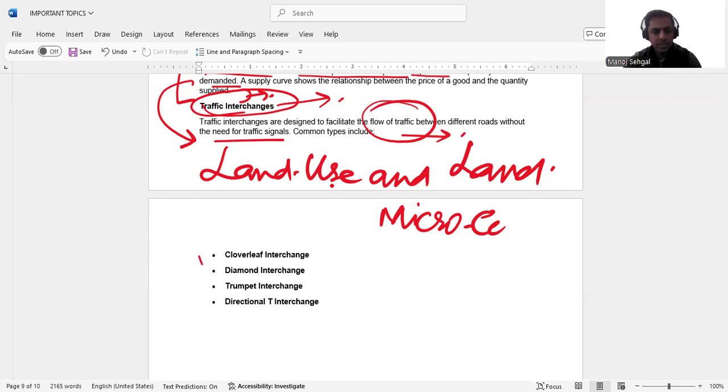So these are the various important examples of the interchanges: the cloverleaf, the trumpet interchange, the directional T interchange, and the diamond interchange. Based on these various kinds of interchanges, we learn how traffic is diverted within the point of intersection without the usage of signals.